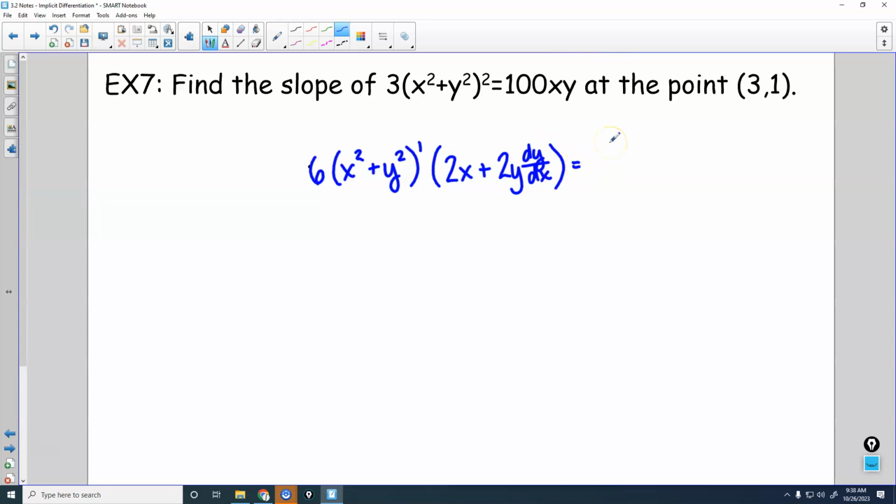On the right-hand side, what do I have to use? I got to use product over here. So this one has you doing a lot. I'm going to keep the 100 out front as a coefficient. You could put it with the x and do it that way also. So I'm just going to do x times the derivative of y plus y times the derivative of x, which is just 1.